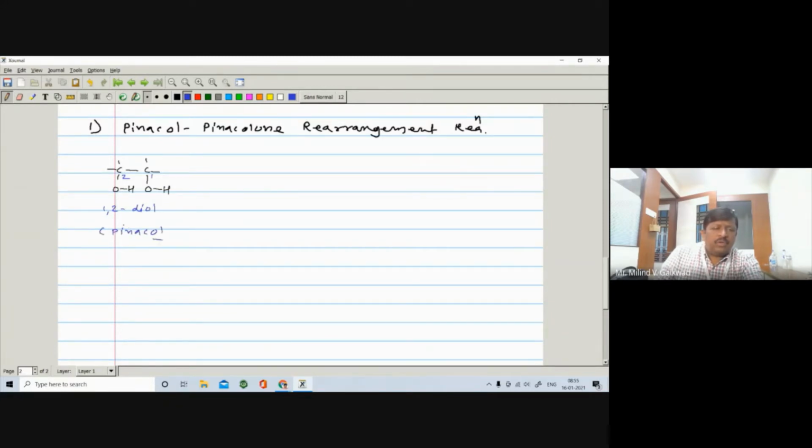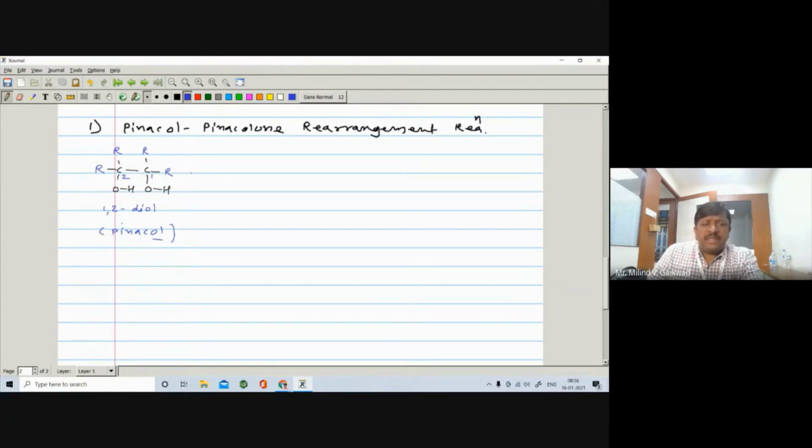OL means alcohol, so it is an alcohol. The remaining valencies can be satisfied by R groups, alkyl groups, which may be the same or different. In general I will take all as R alkyl groups: here is R, here is also R, here is also R and R.